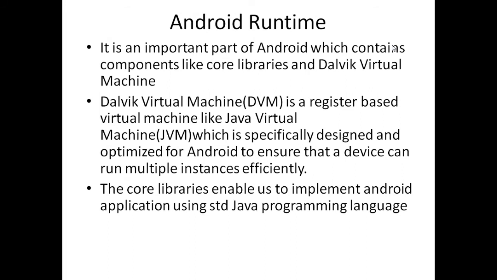So we can run many instances of Android apps. The core libraries, which are the second part of Android runtime, enable us to implement Android applications using the standard Java programming language. So you can say the Android runtime is the engine that powers our application along with the libraries, and it forms the basis of the application framework.